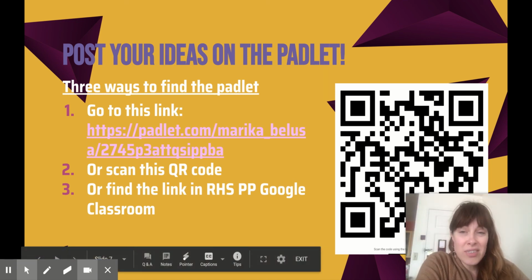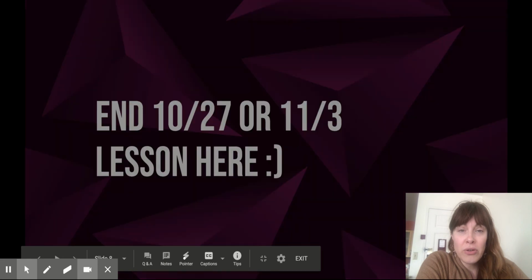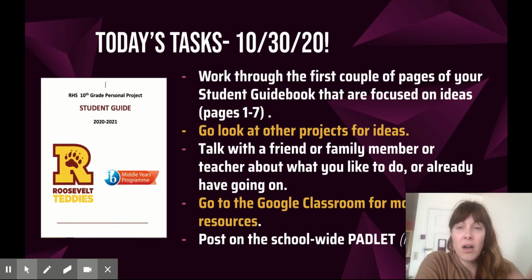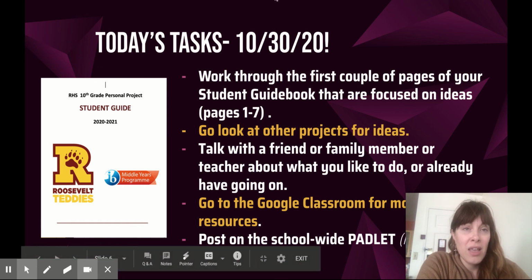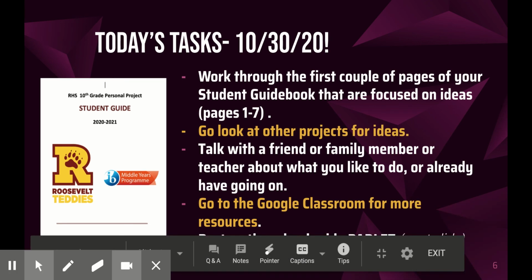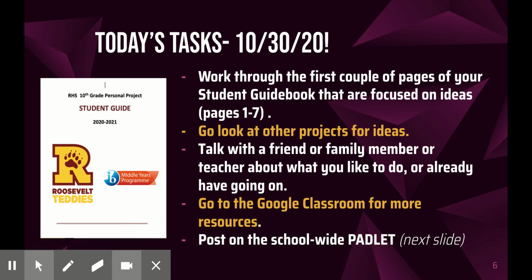Okay, so that's it for today. It's just working through some or all of these and just generating ideas. And if you have an idea, I saw a lot of really great ideas on the Padlet, things like learning how to sew, drawing, painting pictures of my friends, making a video on systemic racism in America. Okay, cool.